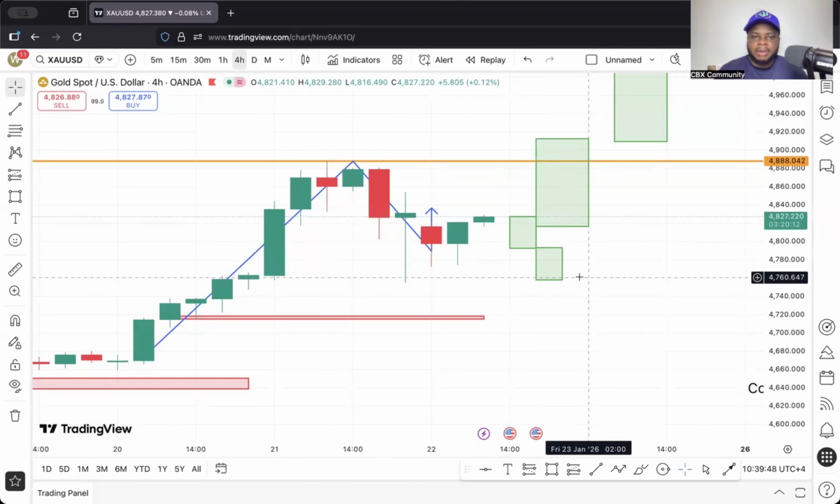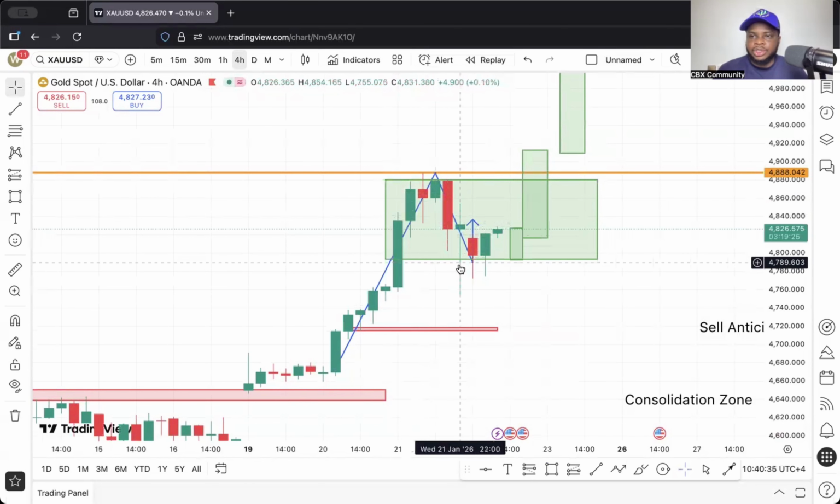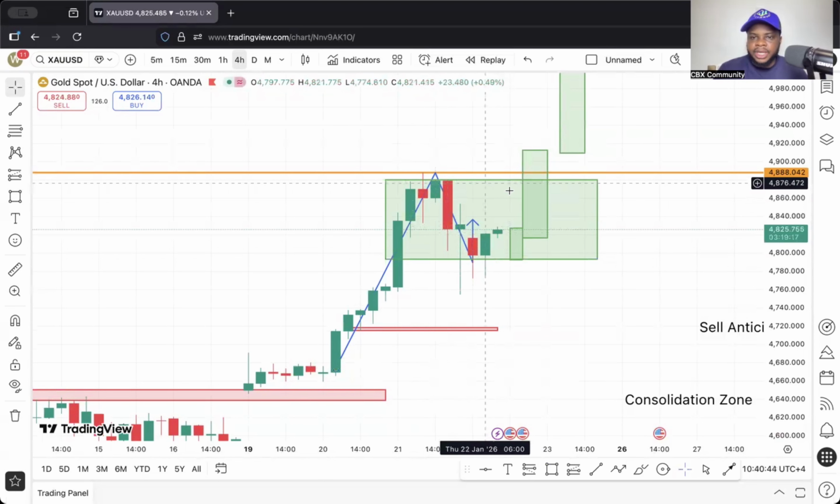So we have a range between this resistance zone and this support zone for us to identify this 4 hours market condition as an uptrend or a consolidation zone. But as of now, the market structure is just consolidating. So let's wait until the break of this resistance zone for the candle to continue to go up, before we identify this zone to be an uptrend.